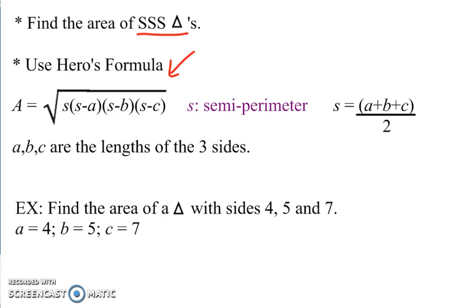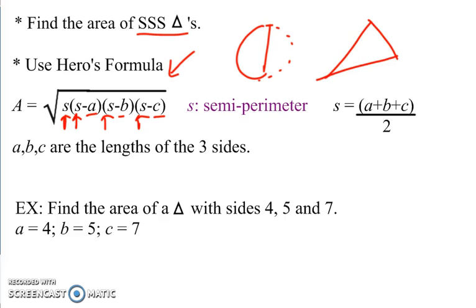So the A, B, and C, that's just representing the sides of the triangle. The S is representing the semi-perimeter. What do you think semi-perimeter means? Like, what does a semicircle mean? It means it's half of a circle. So semi-perimeter is the perimeter cut in half. So if I have a triangle, all these different sides, if I want to know what the semi-perimeter is, then add up all those sides together and cut it in half.